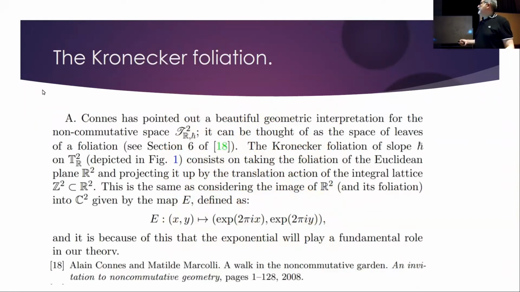In any case, this algebra can be thought of as the algebra of functions of the space of leaves of this foliation. So you take this foliation, consider the space of leaves, and then consider its algebra of functions. It turns out to be the algebra that I described before.